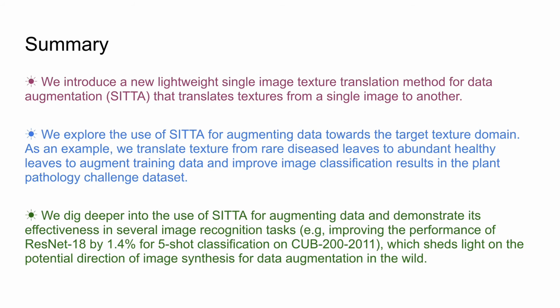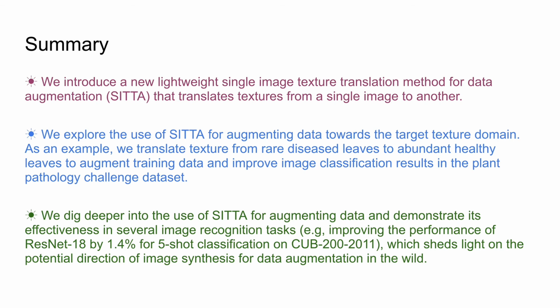In summary, we introduce a new lightweight single image texture translation method for data augmentation, Sita, that translates textures from a single image to another. Second, we explore the use of Sita for augmenting data towards the target texture domain. As an example, we translate texture from rare diseased leaves to abundant healthy leaves to augment training data and improve image classification results in the plant pathology challenge datasets.